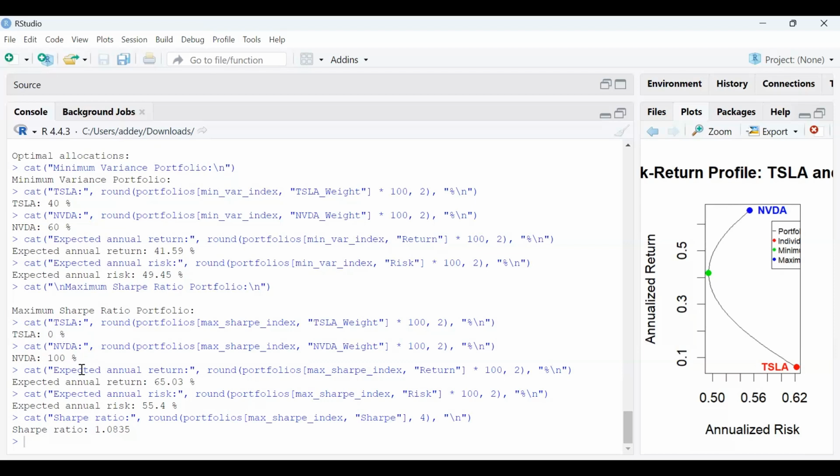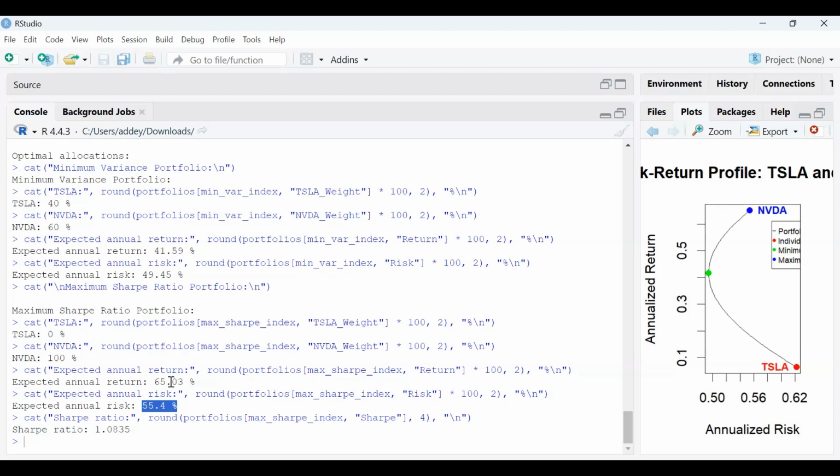I will use all my money to purchase NVIDIA stocks. Now, when I do that, my expected annual return is 65%, and my expected annual risk is 55.4%, and I have a Sharpe ratio of 1.0835, which is fairly good. I'll even say it is a very good Sharpe ratio to have.